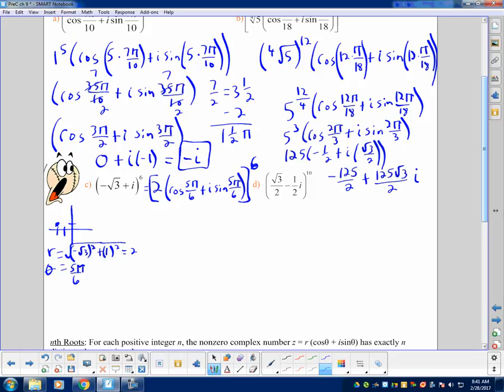which says take R to the 6th, 2 to the 6th, and multiply 6 times each of the angles.